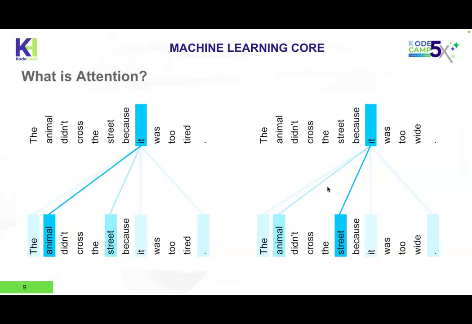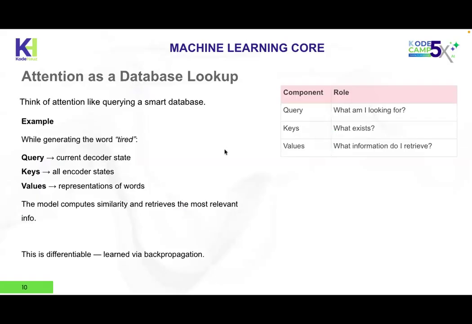And you find that as you are training the model, it begins to learn these relationships, what we call an attention map. Okay, and in that attention map, you have the query, key and value. The query is the current decoder state, where it is now, right?